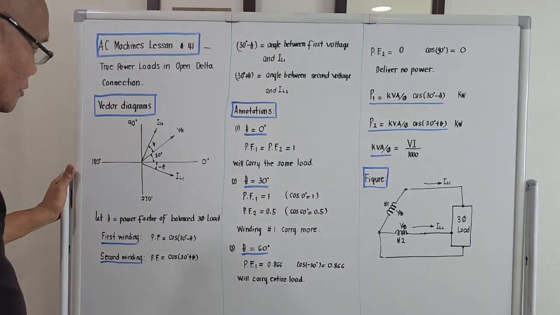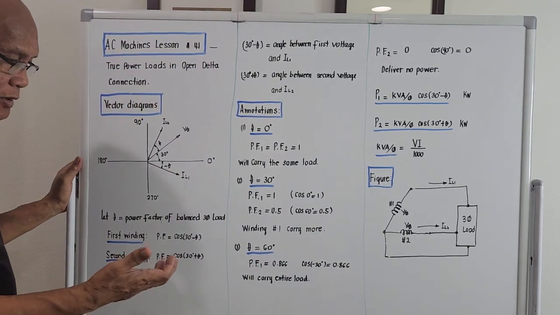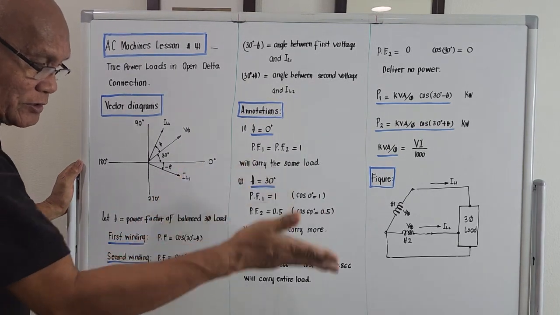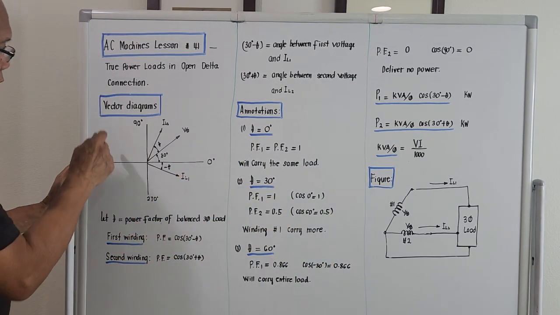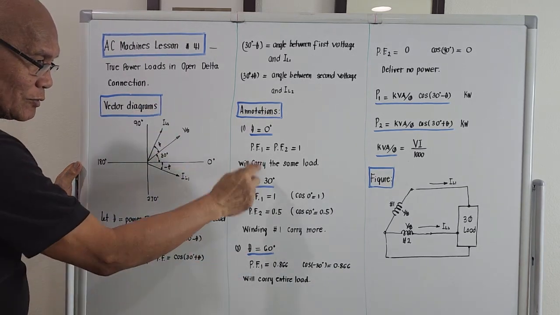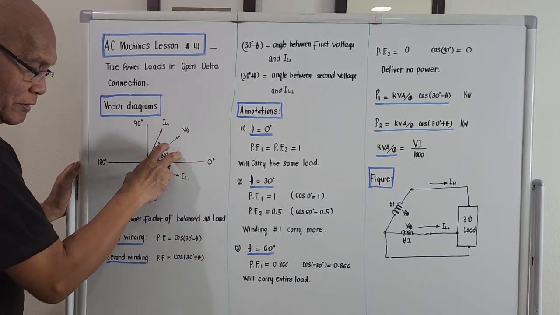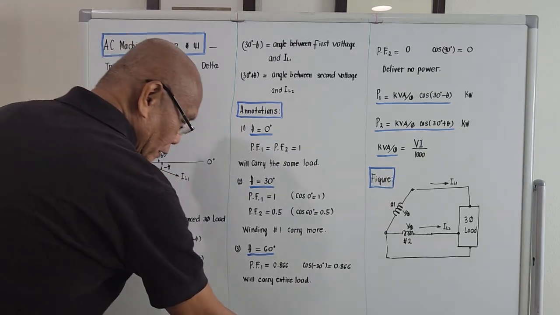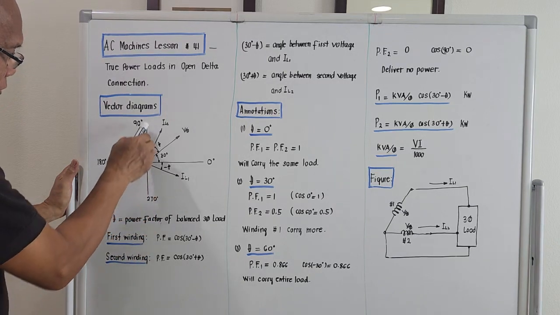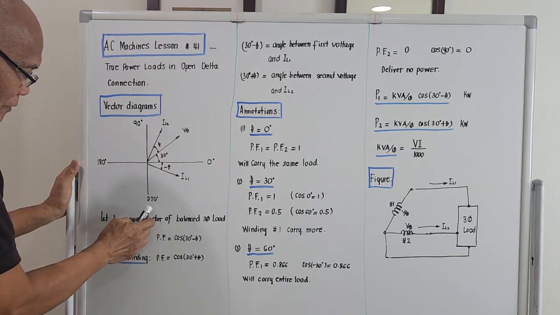Let's proceed with the concept of the discussion for this morning. We will try to bring out a vector diagram, so in the analysis of the question, we could base it here. Just to simplify the vector diagram, this will be the 90 and 270 degree line.